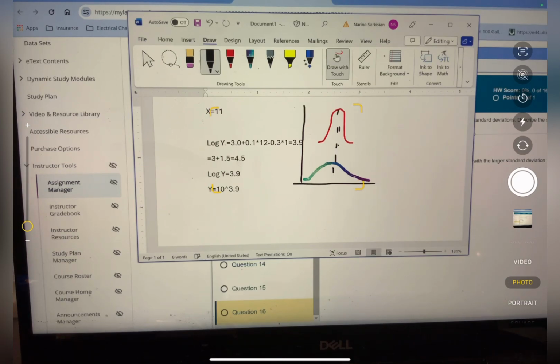Okay, here it's moved a little bit, but it's the same mean, right? Let me go one more time. Straight line. Okay, so this is the same mean.